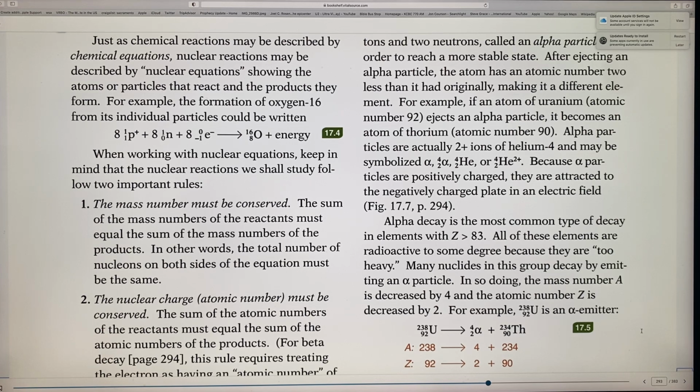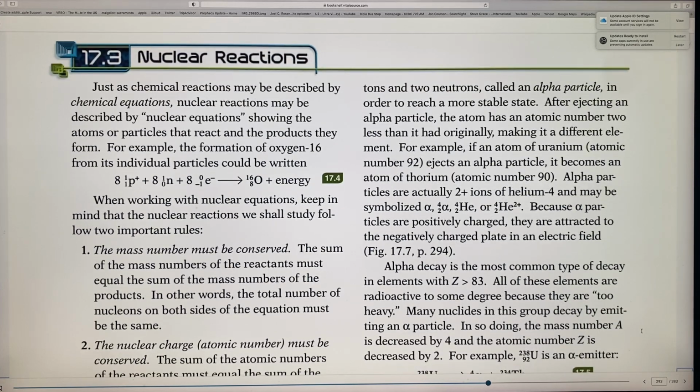The atom's atomic number becomes 2 less, so you subtract 2. And the atom's weight becomes 4 less, because what's it shooting? It's getting rid of 2 protons and 2 neutrons.